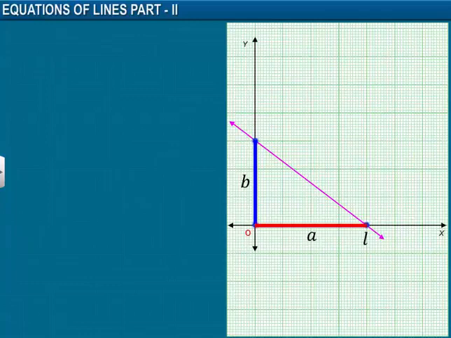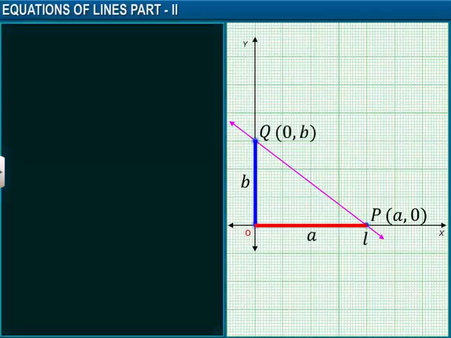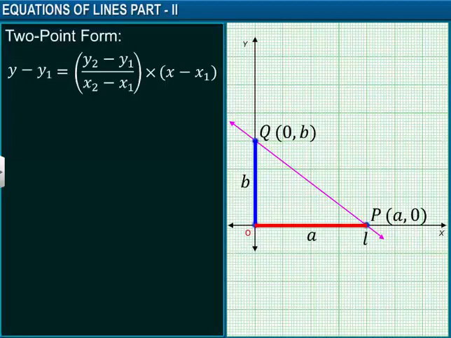Therefore, the coordinates of point P are (A, 0) and that of point Q are (0, B). We already know the two-point form of the equation of a line passing through the given points (x1, y1) and (x2, y2).